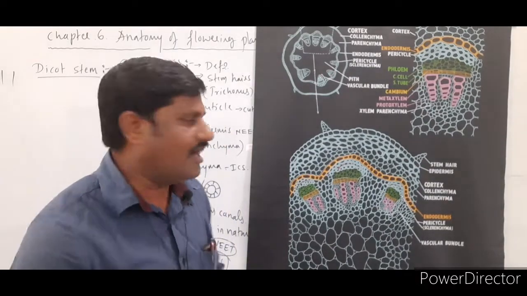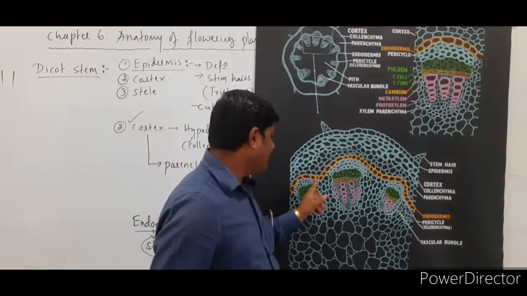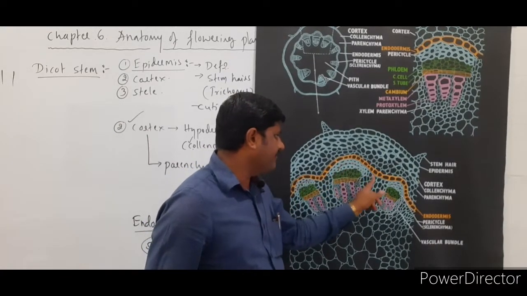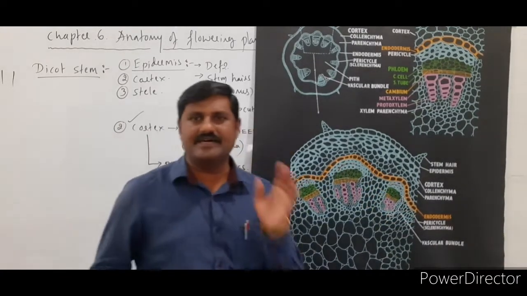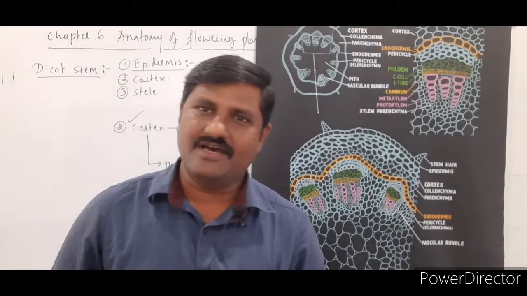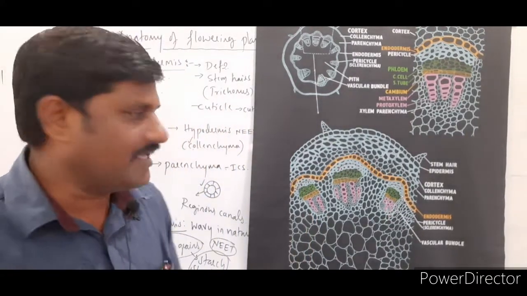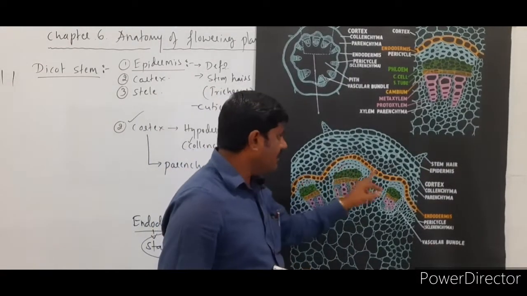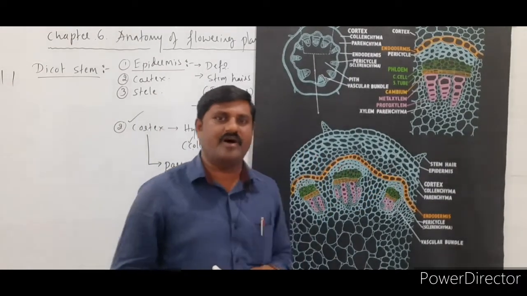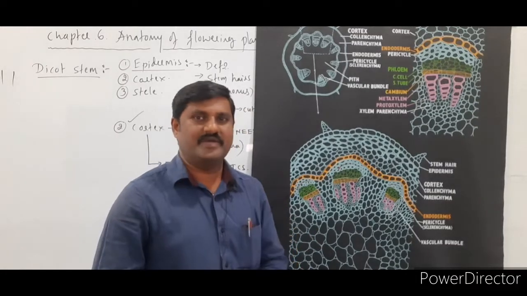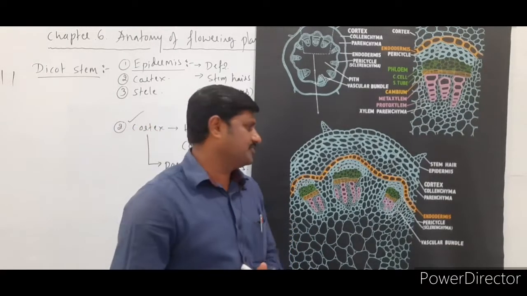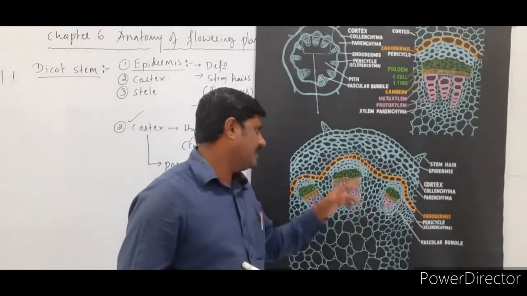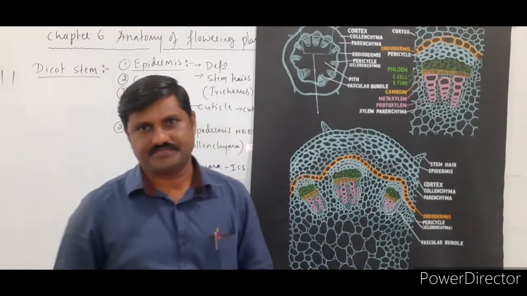Soon after this endodermis, it is followed by 6 to 8 cell layers that you come across. These cell layers are made up of different kinds of tissues, like sclerenchyma tissue as well as parenchyma tissue.